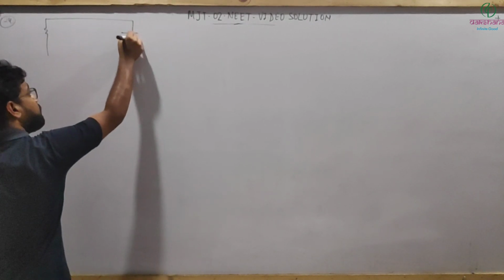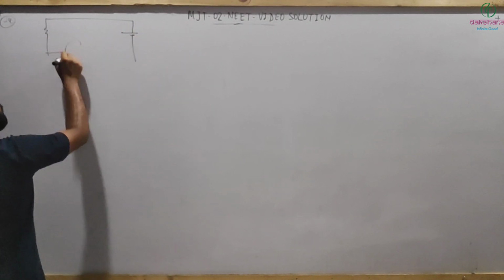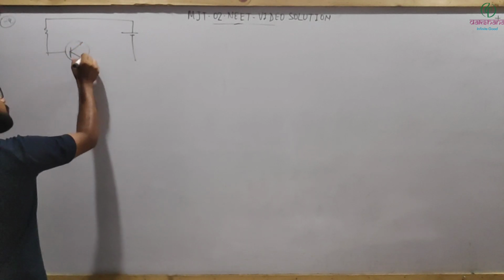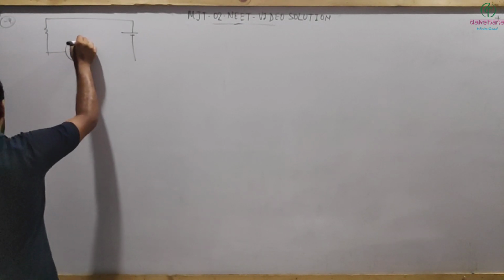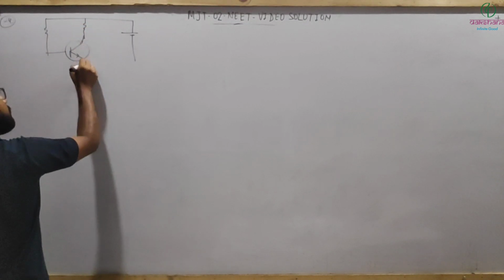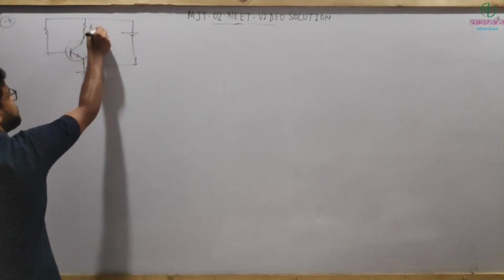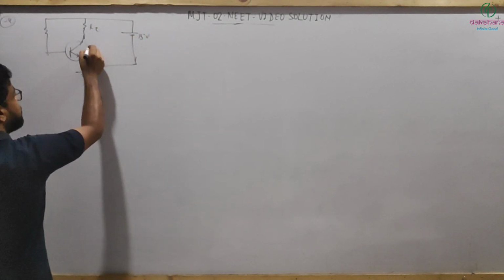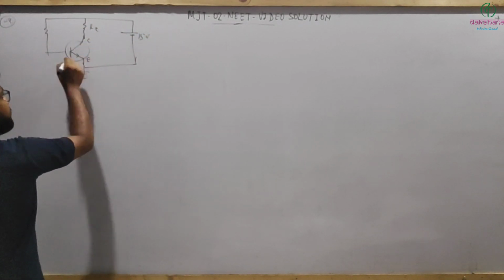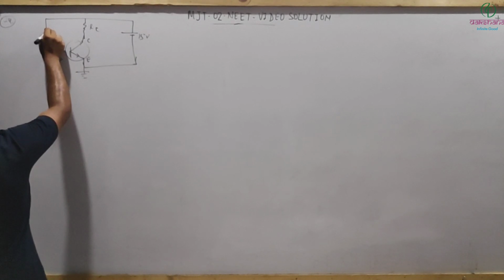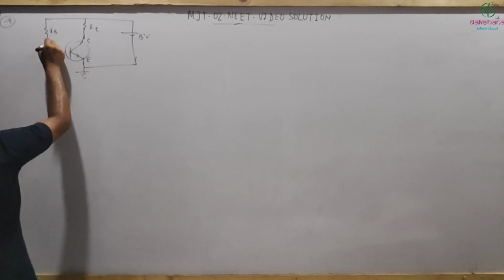This battery, this is the circuit. This is RC, 15 volt, this is RB, IB.